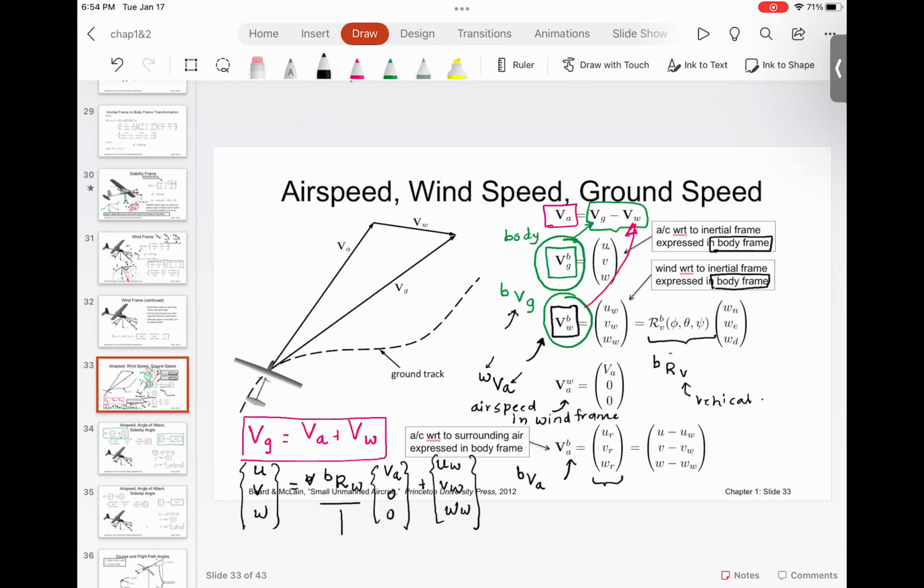This guy comes from the multiplication of the rotation matrices corresponding to the stability frame, alpha, and the side slip, beta. So this is the vector equation. Everyone understood this? That's all you need.